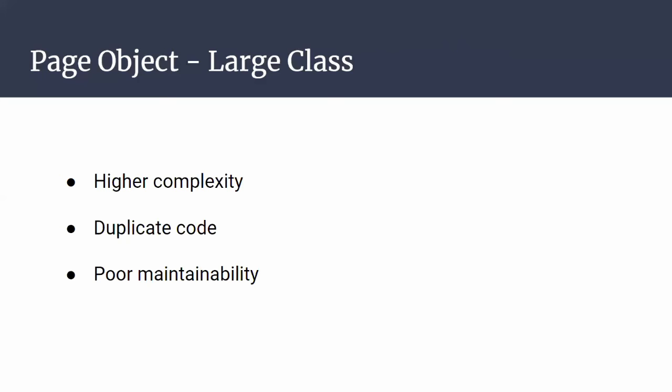if we have a lot of lines of code in a class, it will be very hard to understand the class, and it will be easier to add duplicated code, because a new developer or a new test automator will not understand the class, and it will be hard to find, for example, a method.